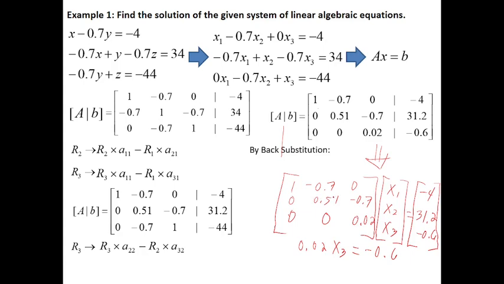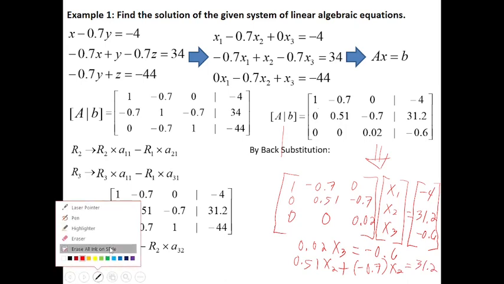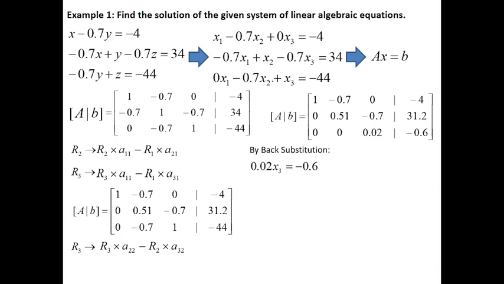Tapos, kung ano man makuha doon, 0x1 plus 0.51x2 plus negative 0.7x3 equals 31.2. Ganun siya. So, in short, ganito lang yan. By back substitution, diretso na, 0.02x3 equals negative 0.6.